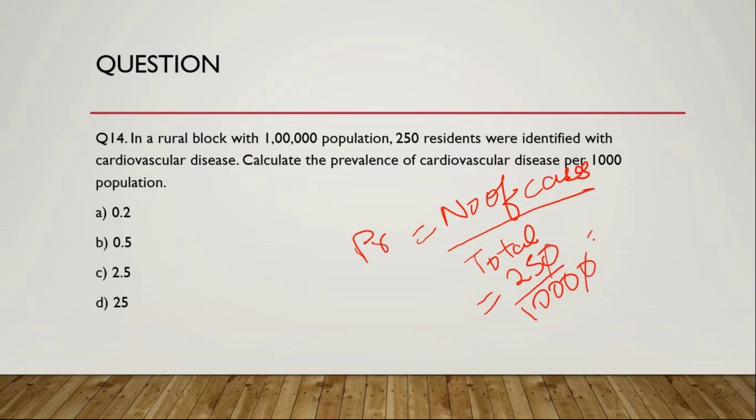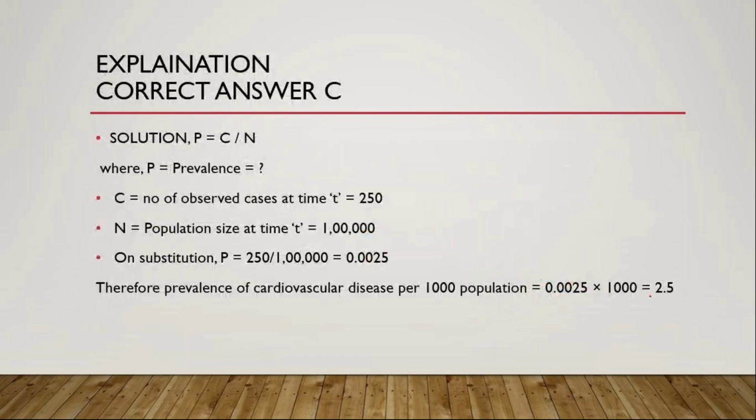Apply the formula: 250, that is C, and it's 1 lakh. 250 divided by 1 lakh is equal to 0.0025, and since prevalence per thousand population is asked, we multiply by 1000, so it is equal to 2.5. I hope the answer is clear to you.